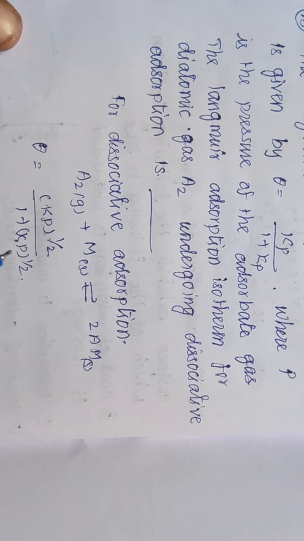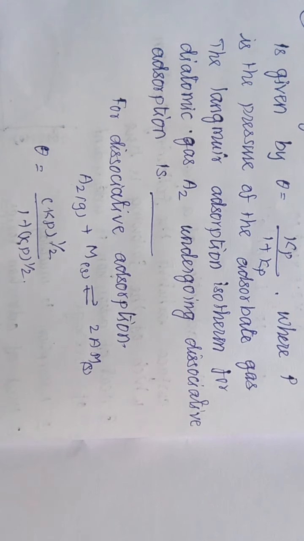This is the form for this dissociative adsorption. If A is dissociated into 3, we put Kp power 1 by 3 divided by 1 plus Kp power 1 by 3. This is for the dissociative adsorptions.